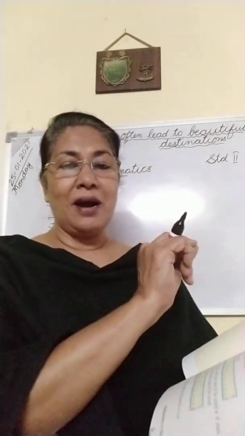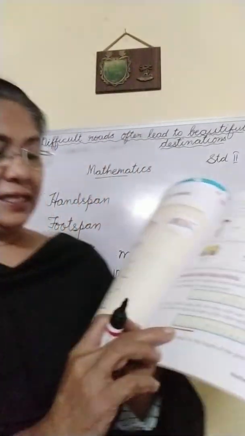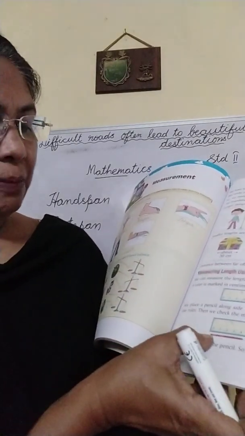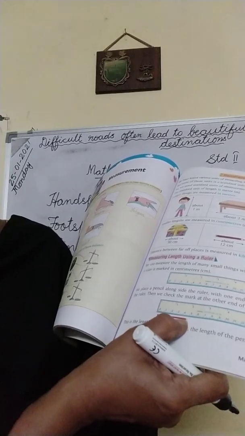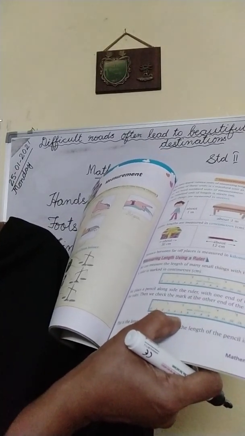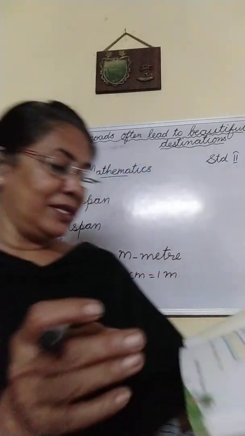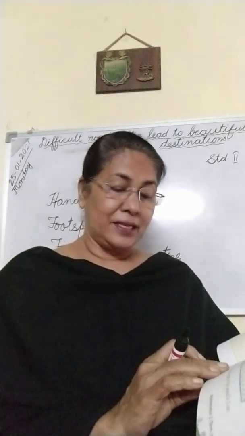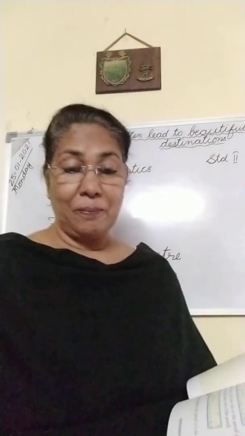See, first you mark where the 0 is, then you mark the end of the pencil. You keep the pencil like this at the 0 mark, and see what is the length. Yes, 5 centimeters. This is the length of the pencil.